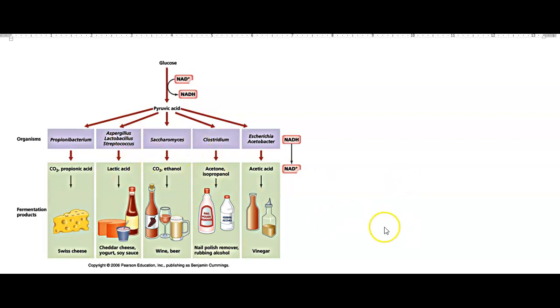This fungus here is used for making wine or beer. Clostridium makes acetone, fingernail polish remover, rubbing alcohol. That's through fermentation. Vinegar. Alright, that's through fermentation. So we use fermentation a lot for a lot of different things. So depending what you start out with and what you feed it, you're going to get different products.